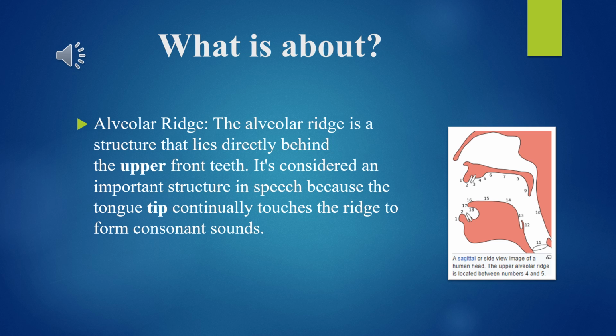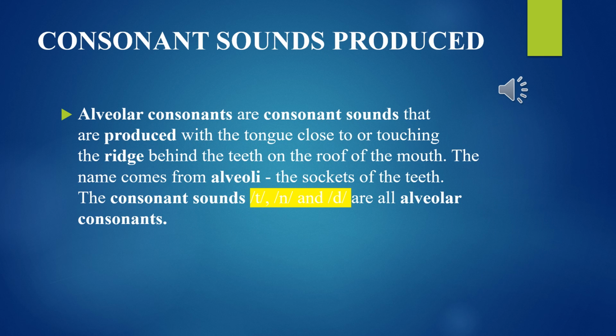It is considered an important structure in speech because the tongue tip continually touches the ridge to form consonant sounds. Alveolar consonants are consonant sounds that are produced with the tongue close to or touching the ridge behind the teeth on the roof of the mouth. The name comes from alveoli, the sockets of the teeth. The consonant sounds t, n, and d are all alveolar consonants.